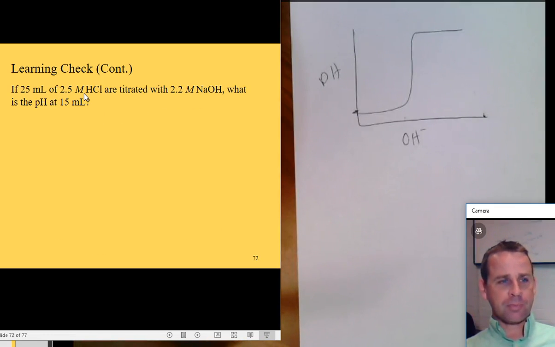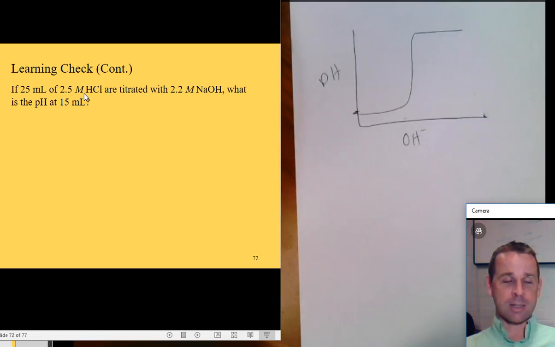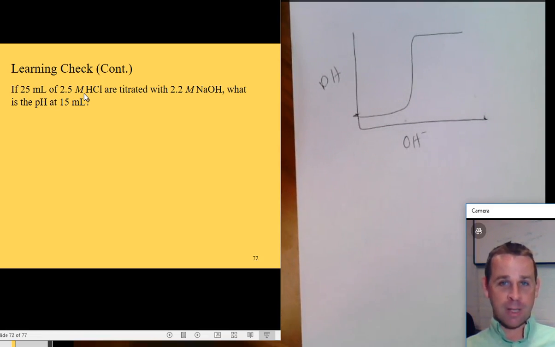Now, if I had added some base, right, 15 milliliters of base, I can do the calculations and find out the amount of acid that I have here. That'd be 2.5 times 0.025, right? And then find out how much base I added: 2.2 times 0.015, for 15 milliliters, right? And then subtract the amount of base from the acid and find out how much acid I have left over.